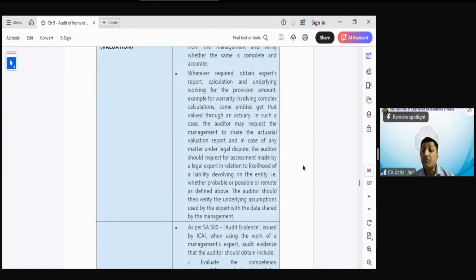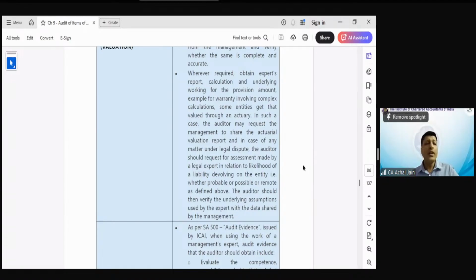Now, sometimes here again, it may happen that this calculation or some of these provisions which have been calculated are quite complex, and the auditor may also not be competent to do that. So can you tell me, in such a case, what should the auditor do?